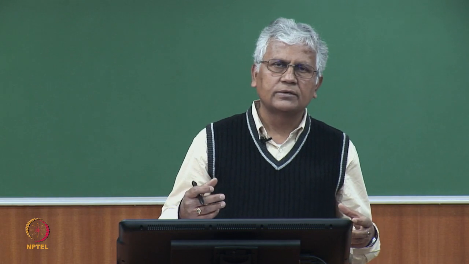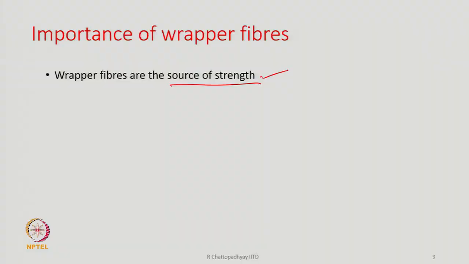If I take a piece of yarn and stretch it, the wrapper fibers are not going to slip on the surface of the yarn, because one end is tied, it has gone inside the yarn. So, tension will develop, and because of that radial pressure will be generated, and hence most of the core fibers, which are most of the time parallel or having very little twist, are not going to slip easily, because transverse pressures will be generated by the wrapper fibers. Therefore, wrapper fibers are the source of strength in the case of air jet spun yarn.